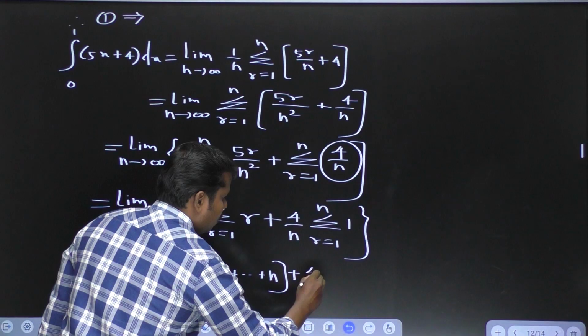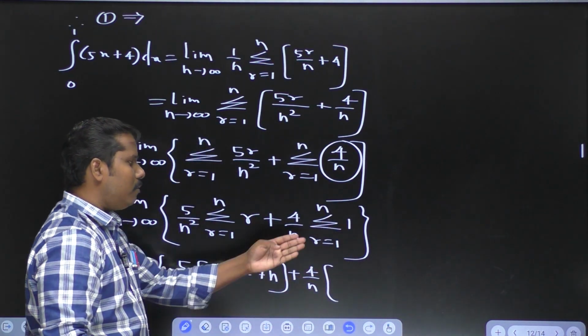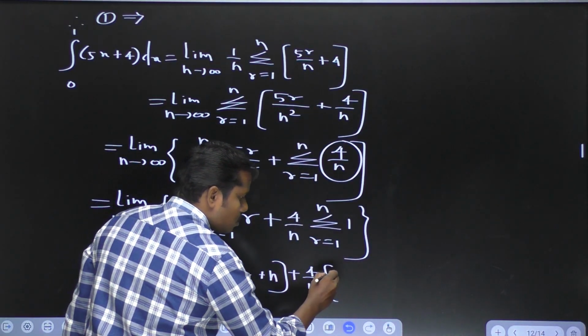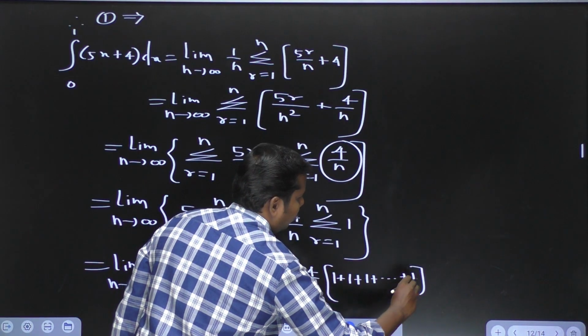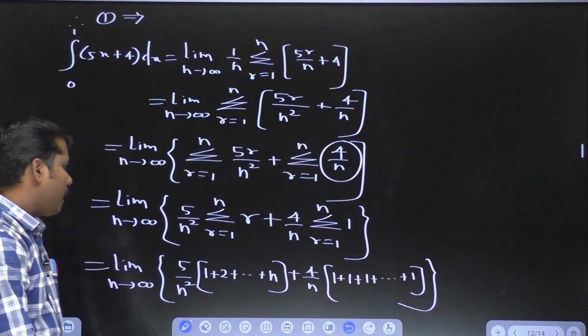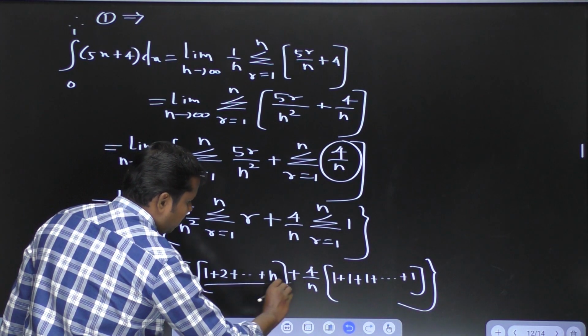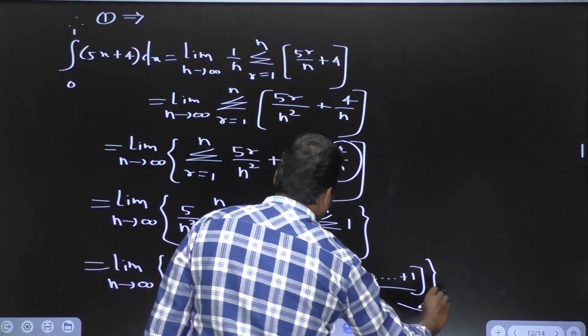Plus 4 by n into, it is independent of r actually. Whatever value you give for r, 1 will be fixed there. So 1 plus 1 plus 1 plus etc. How many ones are there? n times ones. And you know the formula for these two expansions. This is the sum of first n natural numbers, which is n into n plus 1 by 2. This is nothing but n.